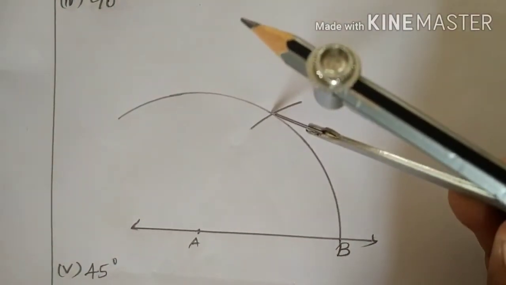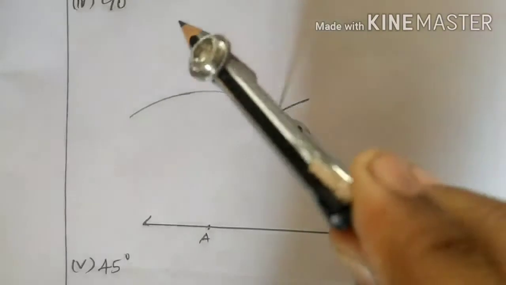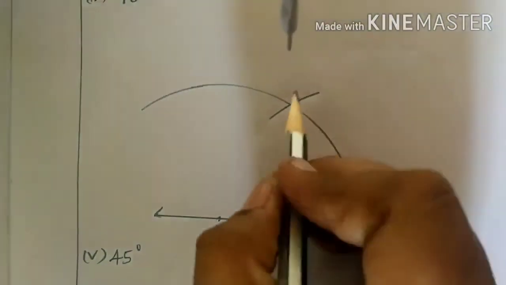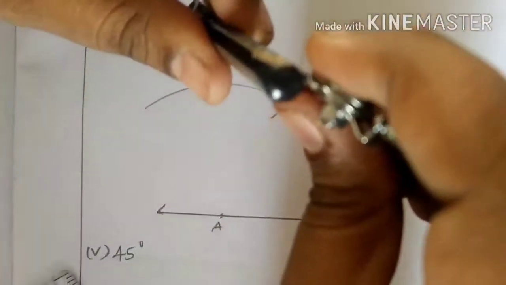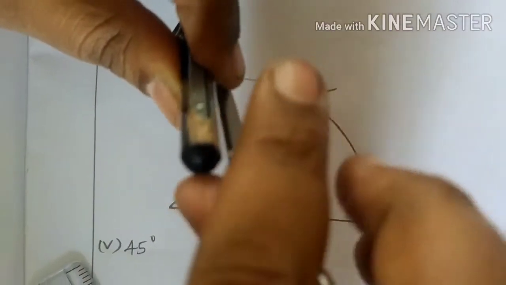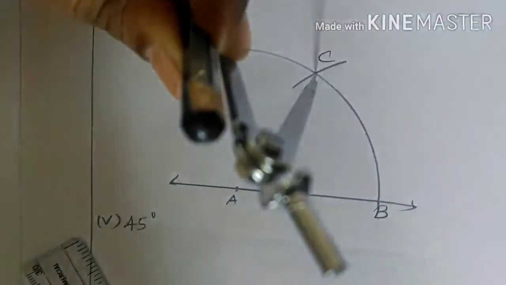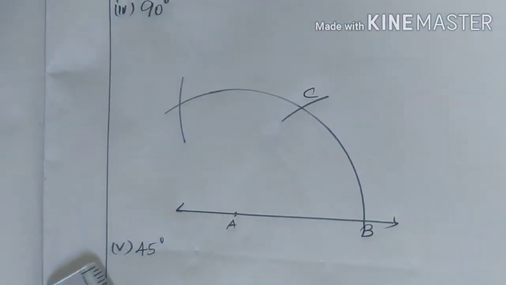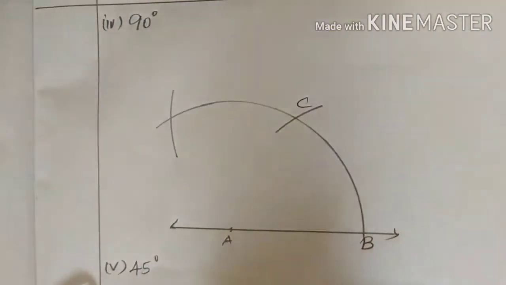Now keep this and mark it as C. Keep the compass at C like this and cut this arc. Now, I got how many degrees?